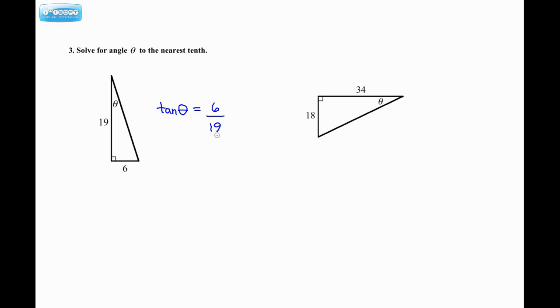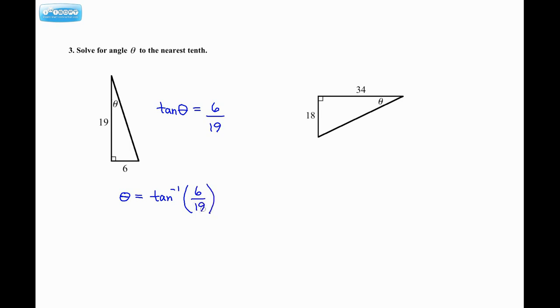So I'm actually going to leave it as a fraction for now. Okay? So if the tangent of theta is this number here, that means that the angle itself must be the inverse tan. Remember, inverse needs that little -1 of 6 over 19.